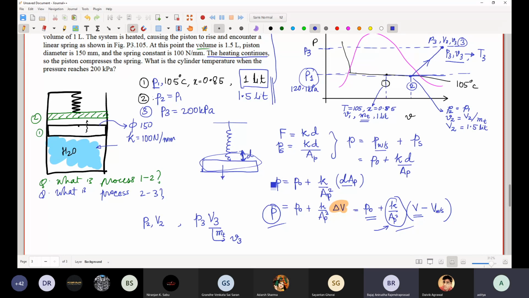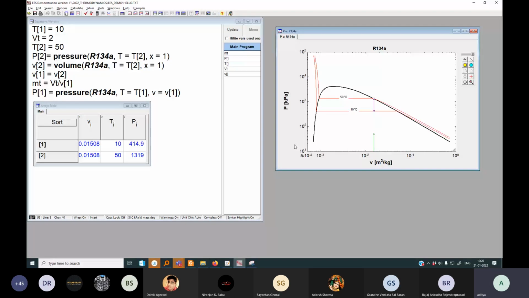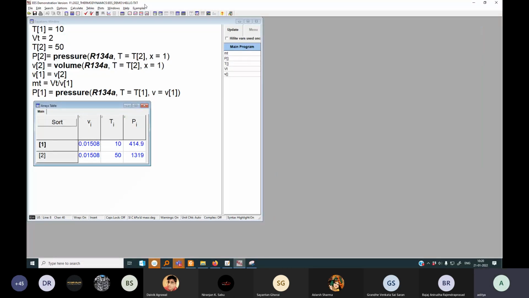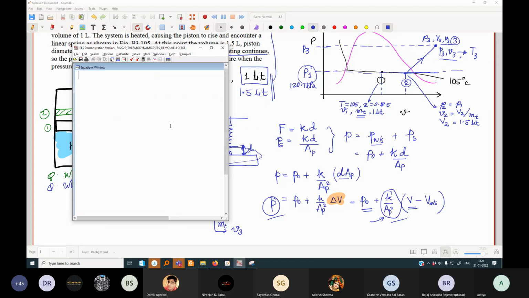Yes, sir. So now let's literally put the numbers and let's see what we get. So P1, I'll open up. I only shared my screen. Here we go to EES. Okay, in fact, it's good to do it as an array.